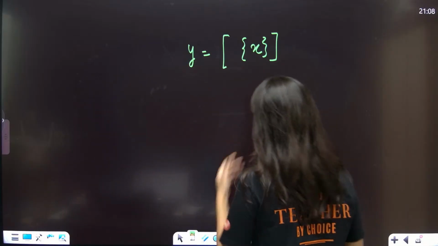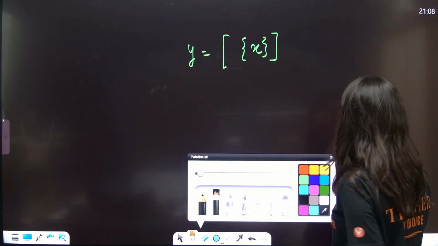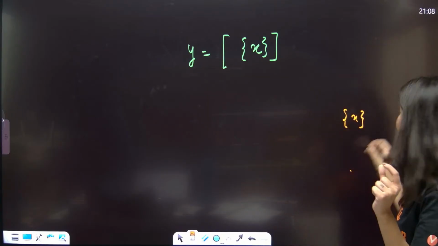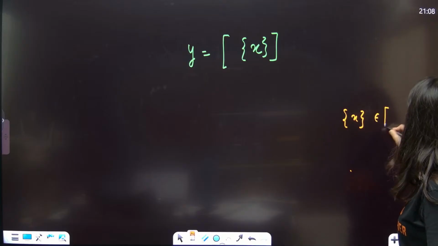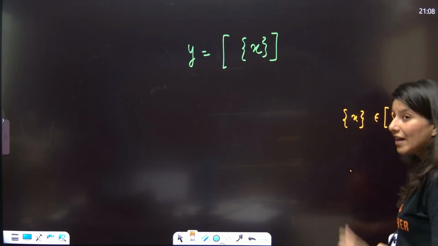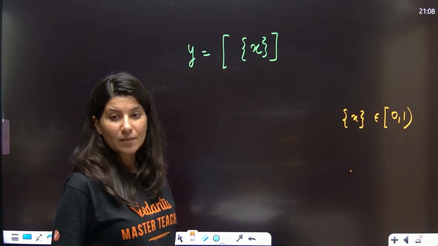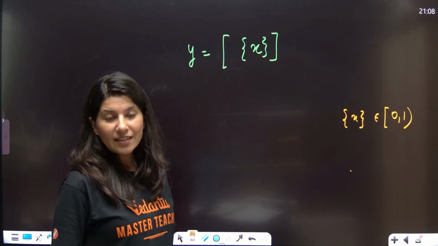First of all, can anybody tell me what is the GIF of x output? The fractional part specifically is always between 0 and 1, where 0 is closed and 1 is open. Very interesting question.